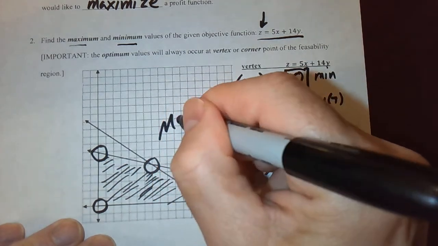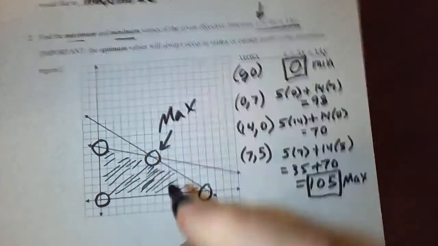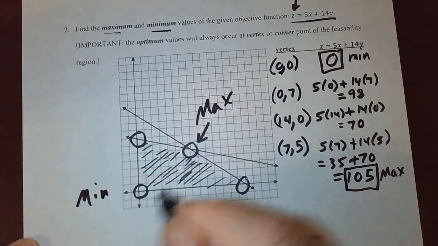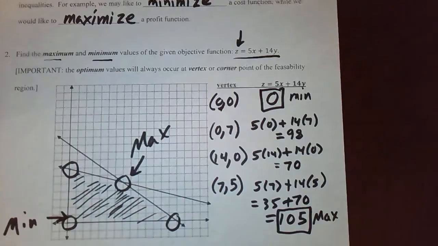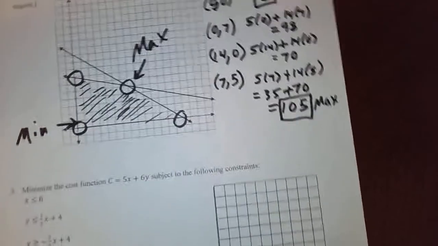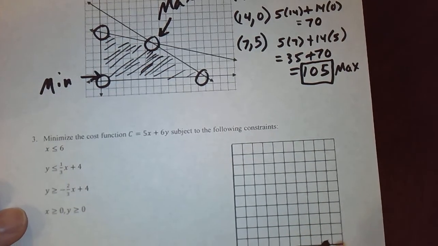So the max point occurred there, the minimum point occurred there, the minimum value is 0, the maximum value is 105.